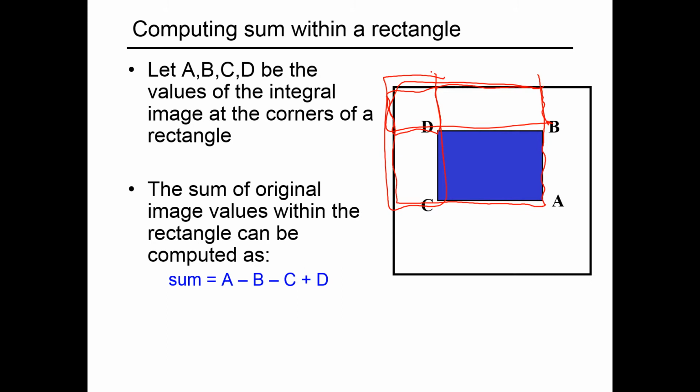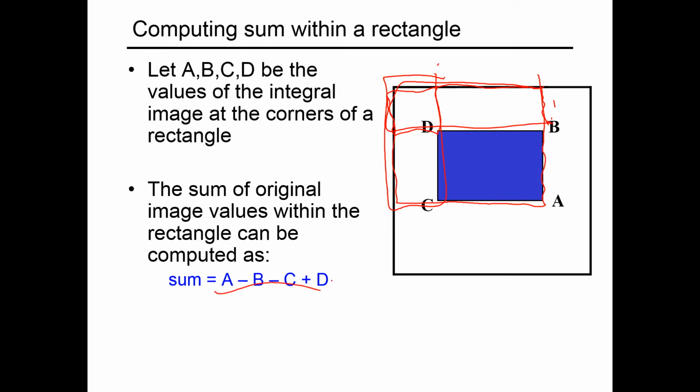Does it make sense to you? Because this one plus this one minus this one will give us this one, right? And this minus this will be this one, right? Therefore we have this simple equation here.